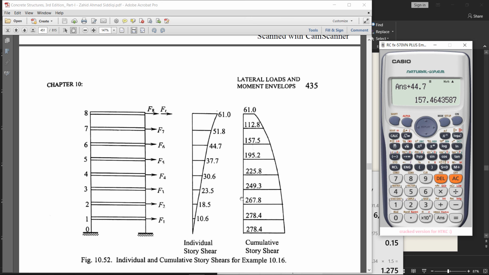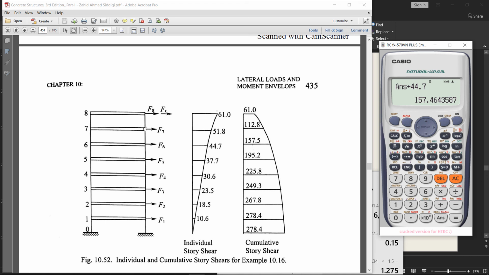Why did we do the cumulative? If any force comes on the 8th floor, then the lower floor should also have the capacity to resist that force. For example, if the lower floor does not have the capacity and the force is more in the upper floor, then the lower floor will fail.